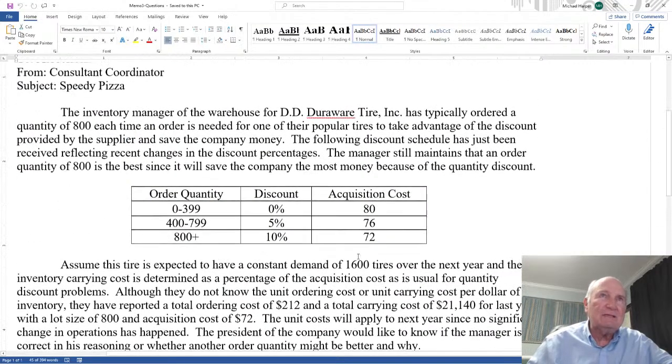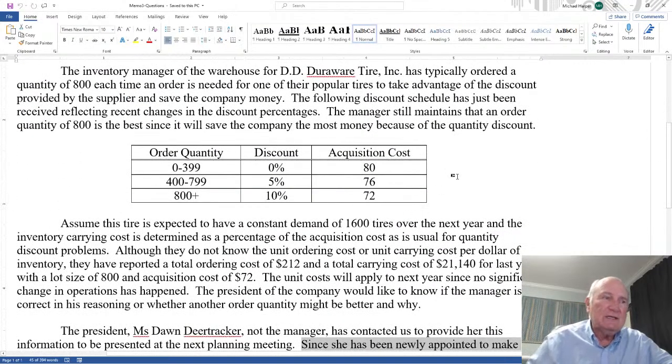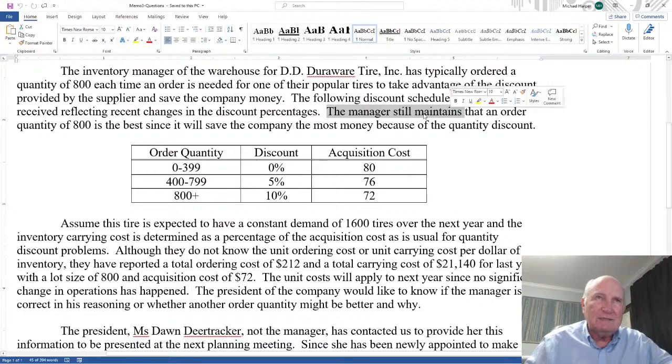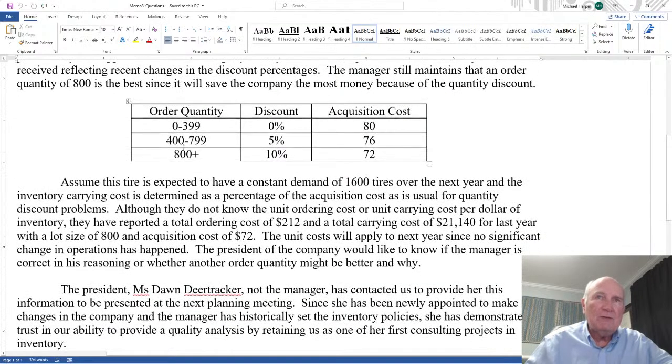Okay, let's back up and see the scenario. First of all, the manager still maintains that an order quantity of 800 is best since it will save the company money. But notice down here I say, since she has been newly appointed and the manager has historically set the inventory policies.